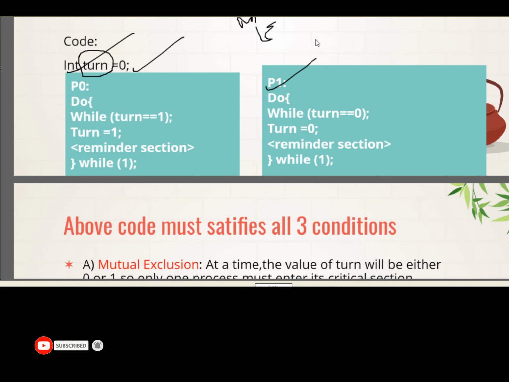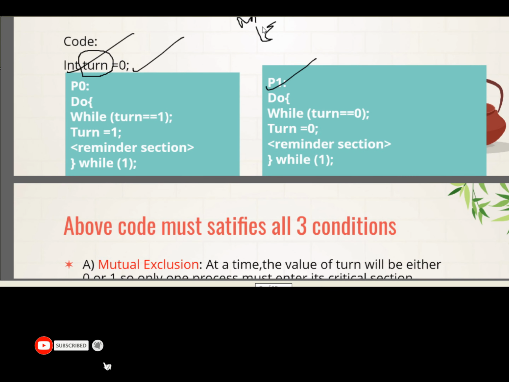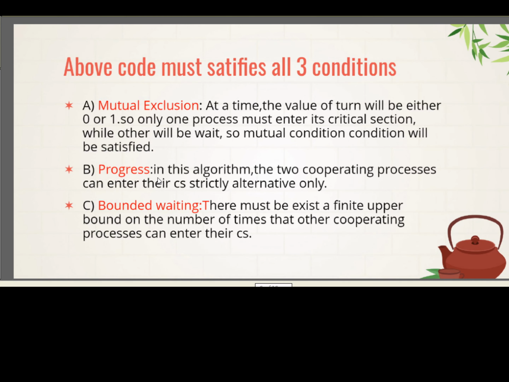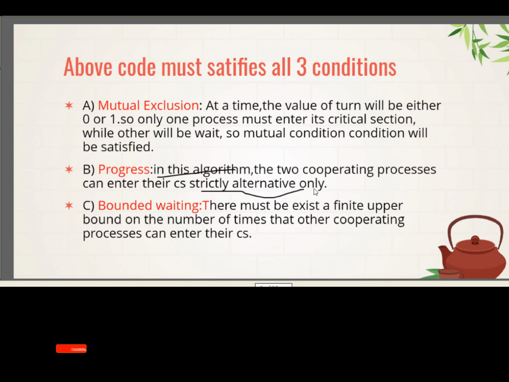Now the second one is progress. What does progress say? Progress says that the two cooperating processes can enter their critical sections strictly alternately only.